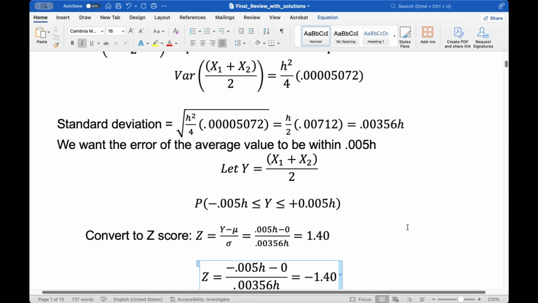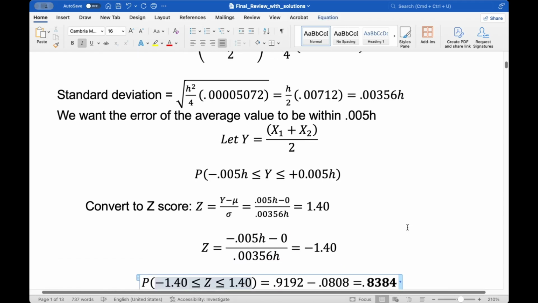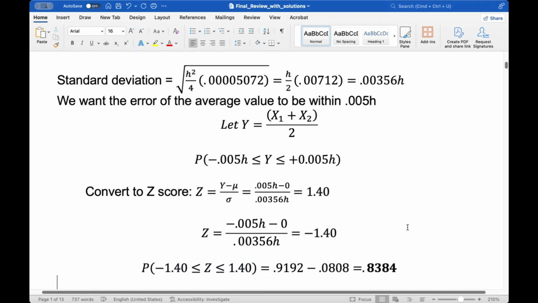And on the negative side, we get negative 1.40. Then you look this up on your z-score chart. We have the probability that z is between negative 1.4 and 1.4. Using the chart, it's 0.9192 minus 0.0808, which is 0.8384.